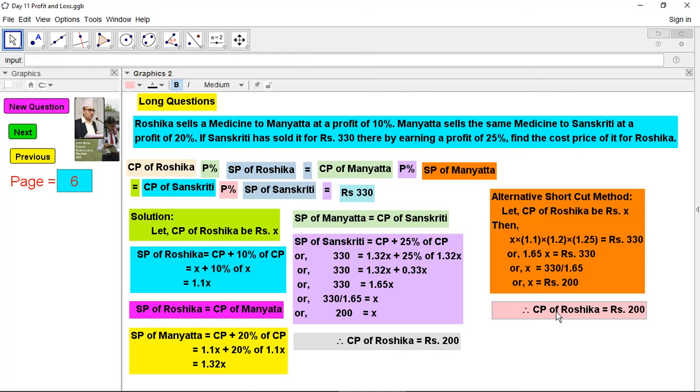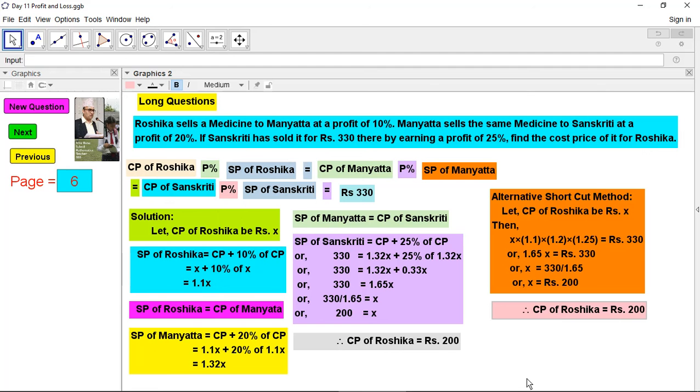If we have a loss in some cases, for example Manyata 10% loss and Sanskriti 20% profit, in that case what can we do? If it is a 10% loss, you can put 0.9 here. In that way also you can solve this question. So this is the very short and quick method, dear students.